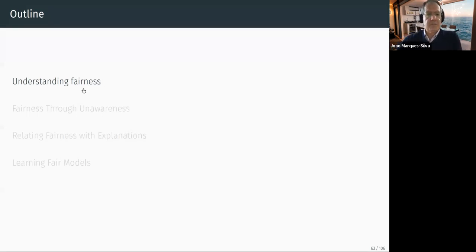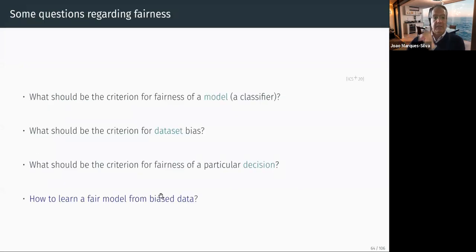This part of the talk will be about understanding fairness: the questions we are interested in, the criterion we studied, then how we can relate fairness with explanations, and finally, how can we learn fair models? Okay, so let's start. The questions we started from are, what criteria should we use for fairness? I'll talk about this shortly.